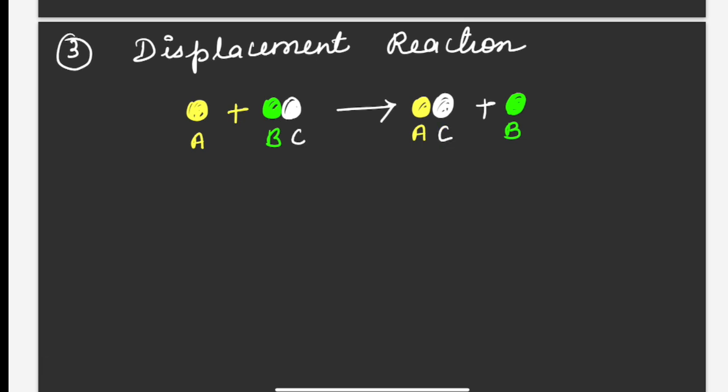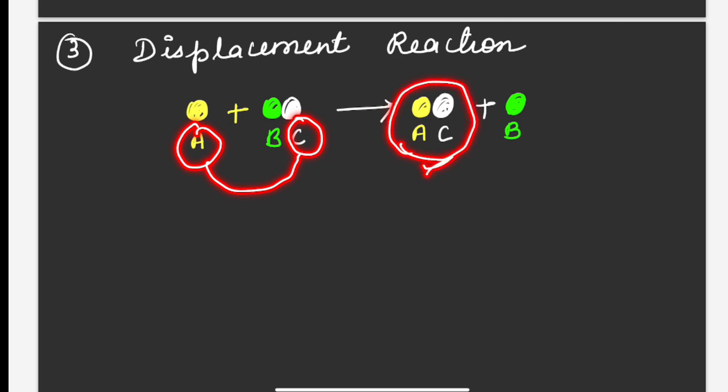Observe what is happening here. A I have taken and I have made it react with BC. So B is displaced from here, and in place of B, A will come and combine. So A is combining with C. In the product AC is formed.